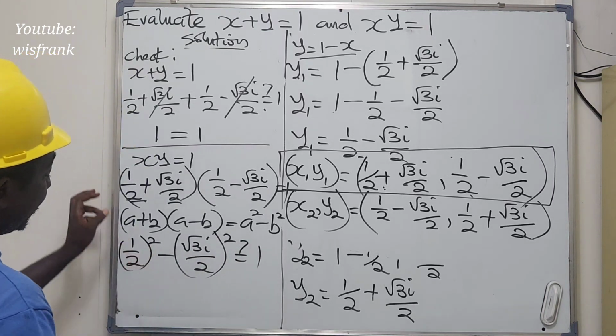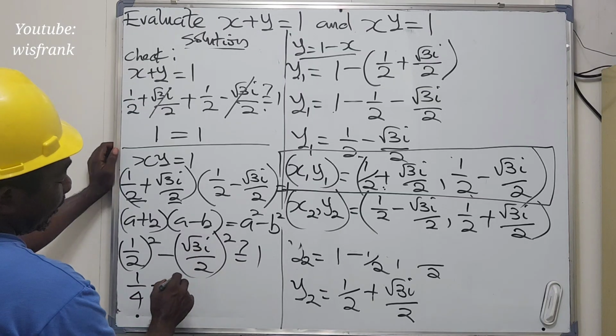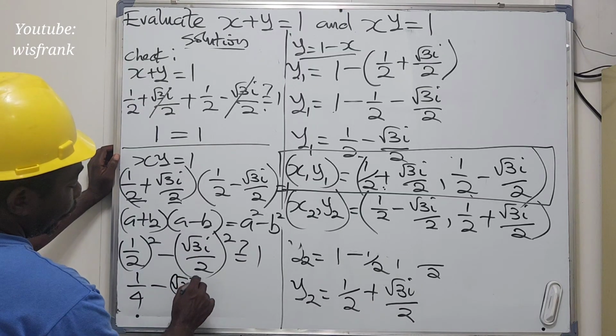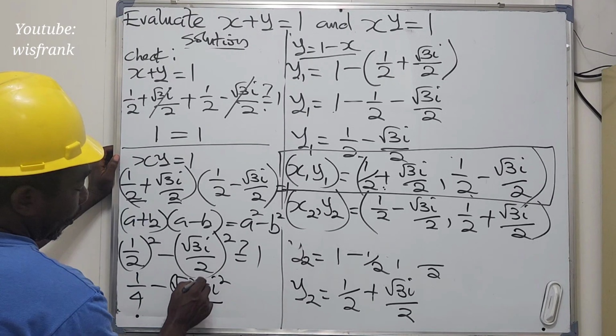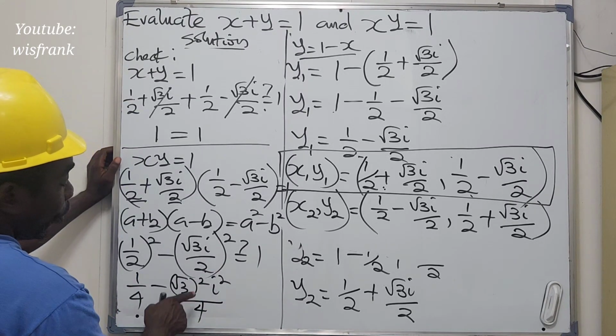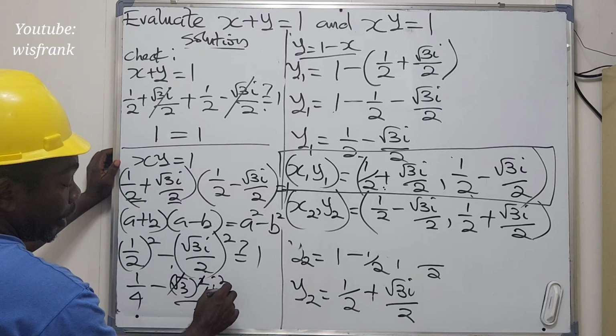So let's check. This is the same thing as 1 all over 4 minus root 3 to the power of 2 times i to the power of 2, all over 2 to the power of 2, which is 4. We all know that this will cancel here and this will cancel here, and i to the power of 2 is minus 1.